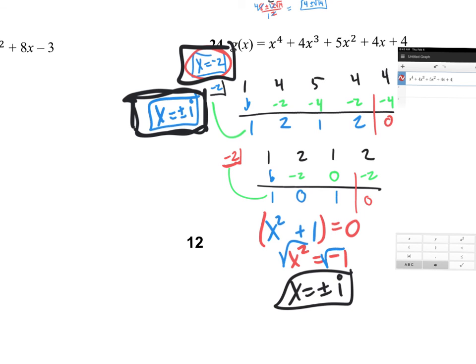Maybe in the future I'll ask you to write down the answer and the multiplicity if they have any. But right now, all you got to do is write down those 3 answers, positive i, negative i, and -2. Okay, so it is possible for a 4th degree equation to have only 3 answers or only 2 answers, right? But there's going to be some multiplicity in those answers. It's not possible for you to have more than 4 answers on a 4th degree polynomial function.